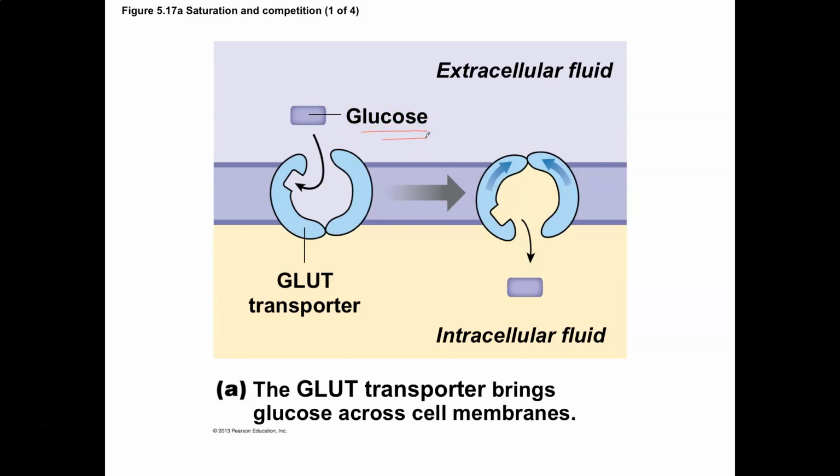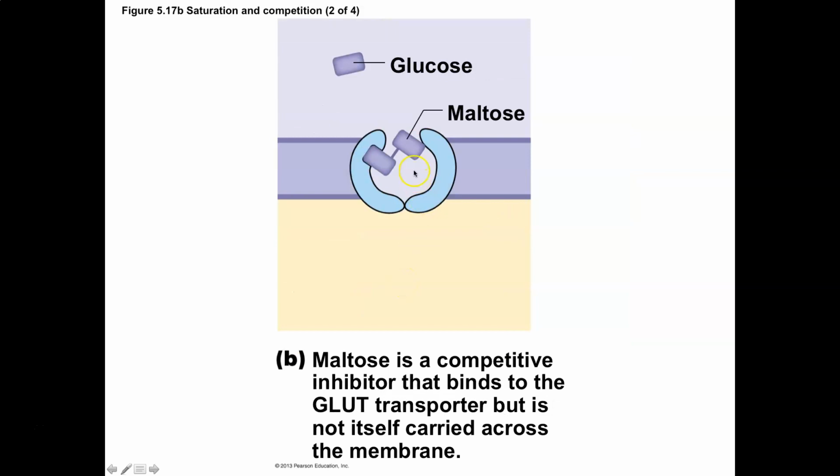So the example was the GLUT transporter. GLUT transporters are specific for just hexosugars like glucose. They may also be able to move galactose or some other hexosugar, but they cannot move something like maltose. So a GLUT transporter only moves, say, glucose, but it can't move maltose.